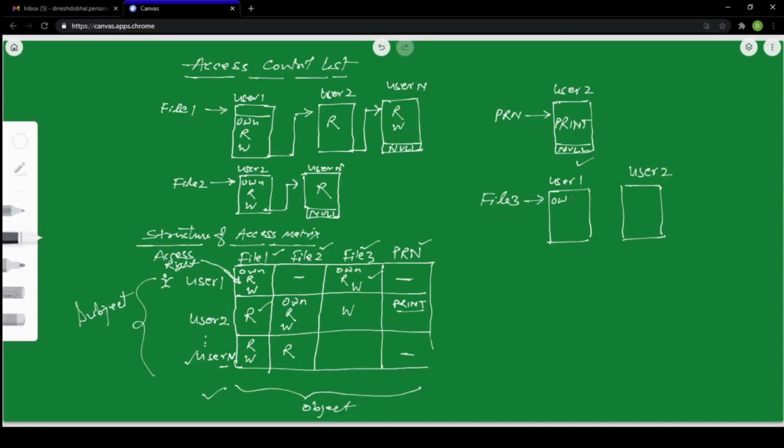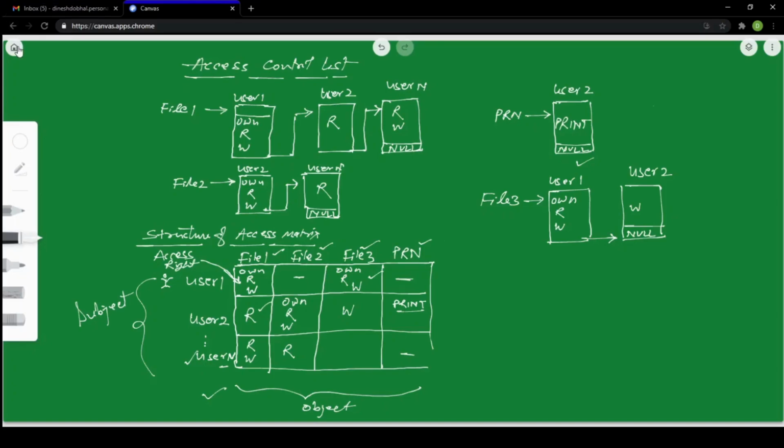Here the permissions are owner, read, write. The first block is linked with the second block, where we have the write permission only, and this would contain null because this is the last block. So all these are access control lists, in which the access matrix was decomposed column wise.